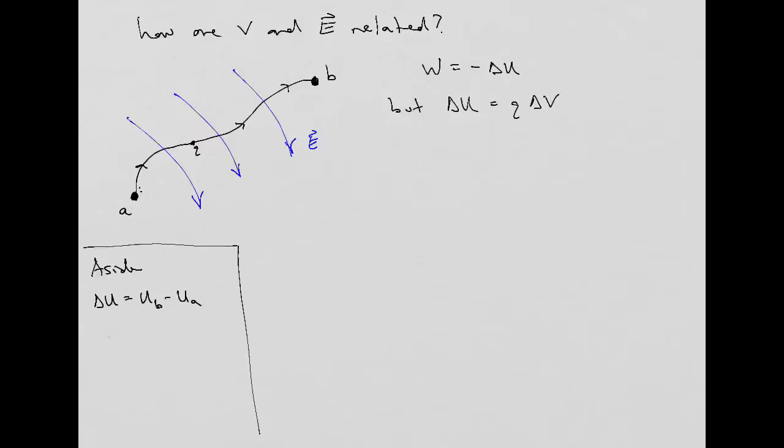Well, the potential energy at point B, we can just write as Q VB. Likewise, at point A, the potential energy can be written as Q VA. Factor out a Q, VB minus VA, which is Q delta V.